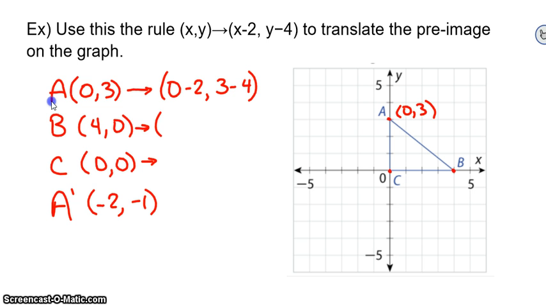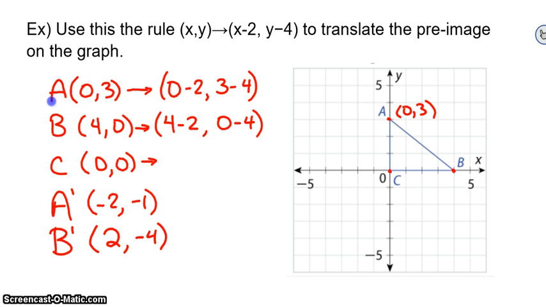I'm going to do the same thing for B. I'm going to take the x coordinate and subtract 2, and take the y coordinate and subtract 4, which lands me at B prime, the location (2, -4). And then finally, the C coordinate at the origin, 0 minus 2, 0 minus 4. And so C prime is located at (-2, -4).